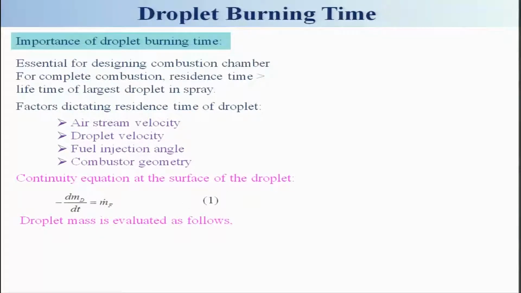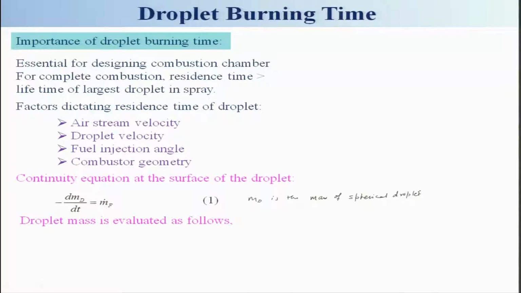Keep in mind that m_d is the mass of the spherical droplet, which changes with time, because the radius changes, therefore the mass also changes.